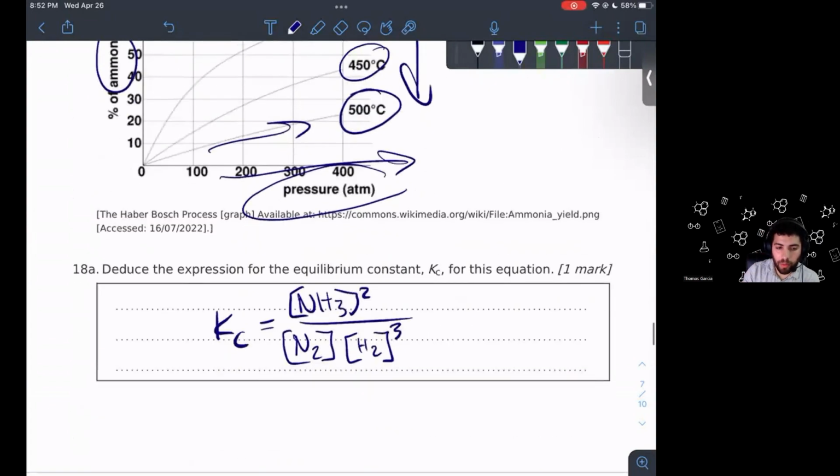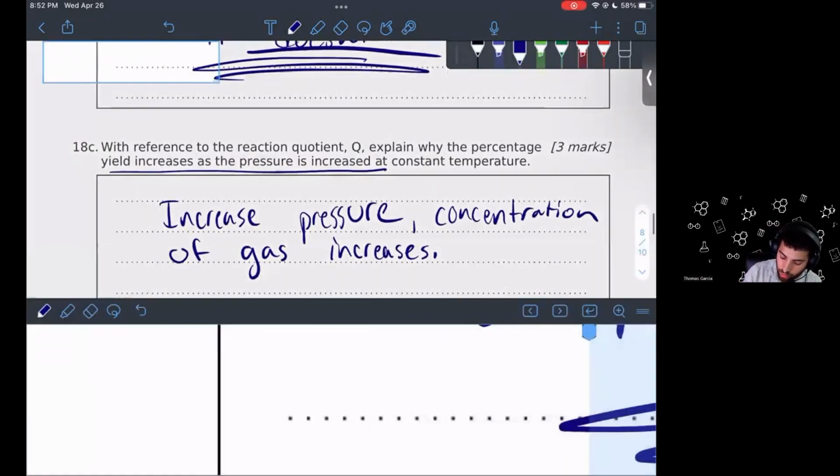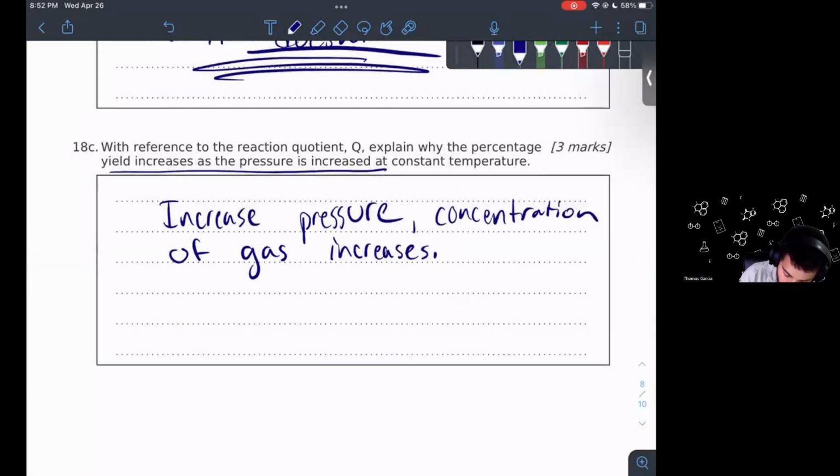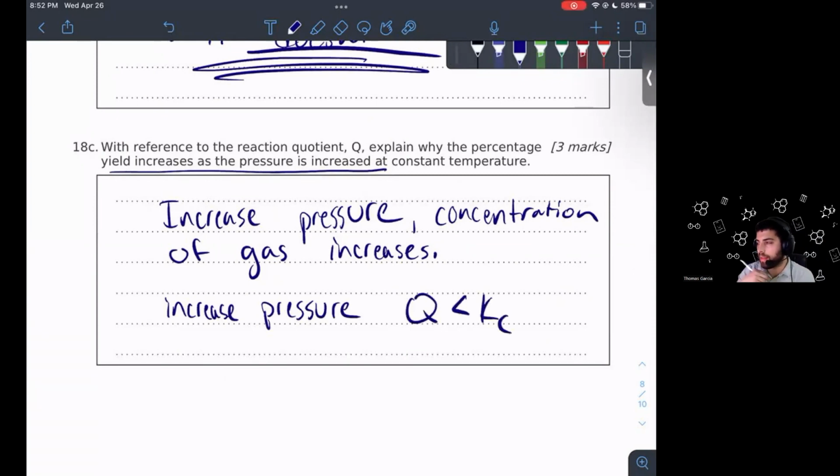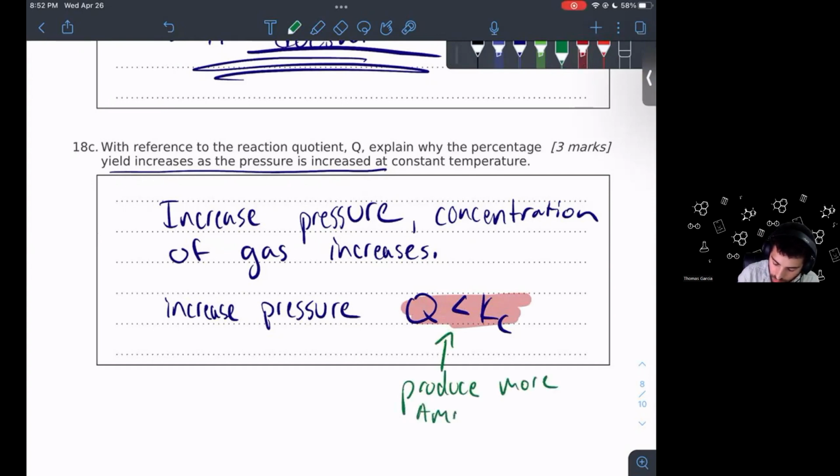That means that when we increase pressure, in that moment, Q is actually going to be less than Kc, because this statement tells us that we must produce more ammonia to get Q to equal Kc. So that'll get you the marks too.